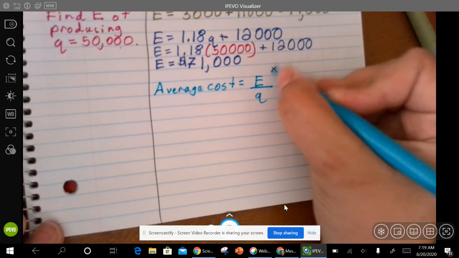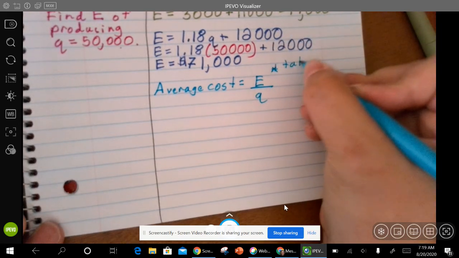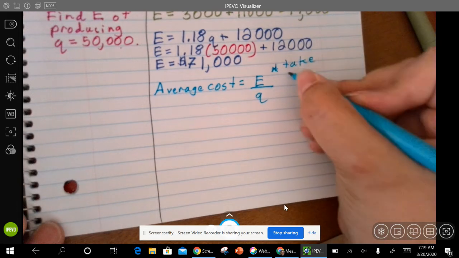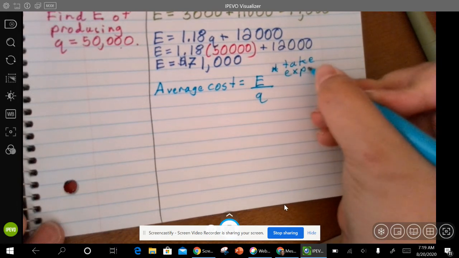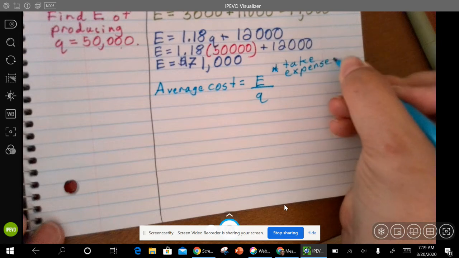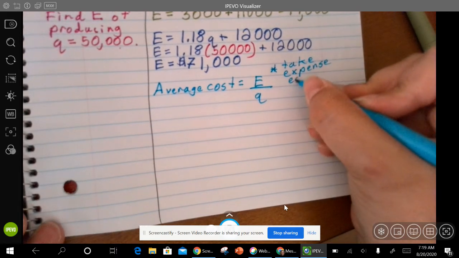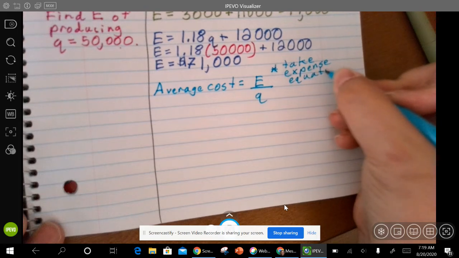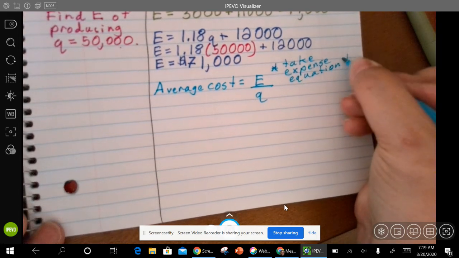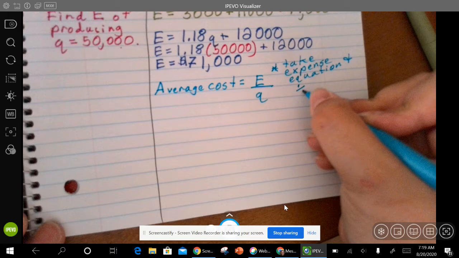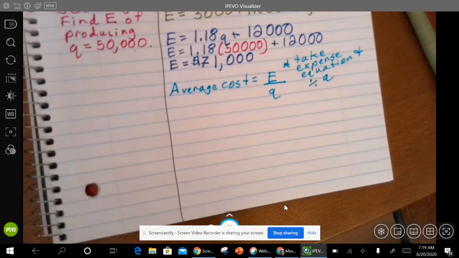So all you're doing with this is taking the expense equation and dividing it by the quantity.